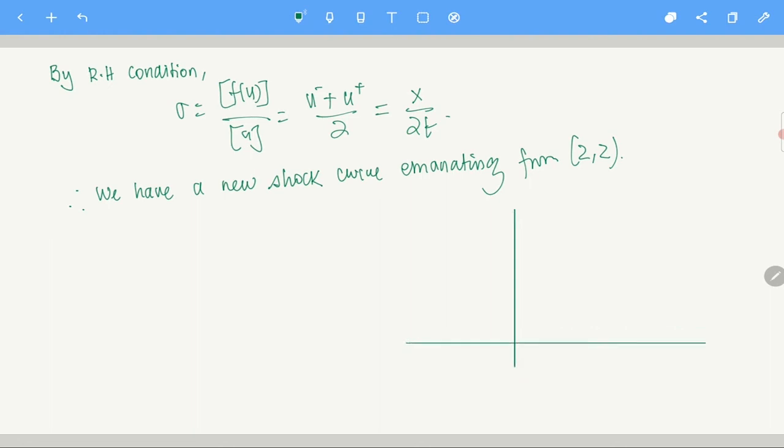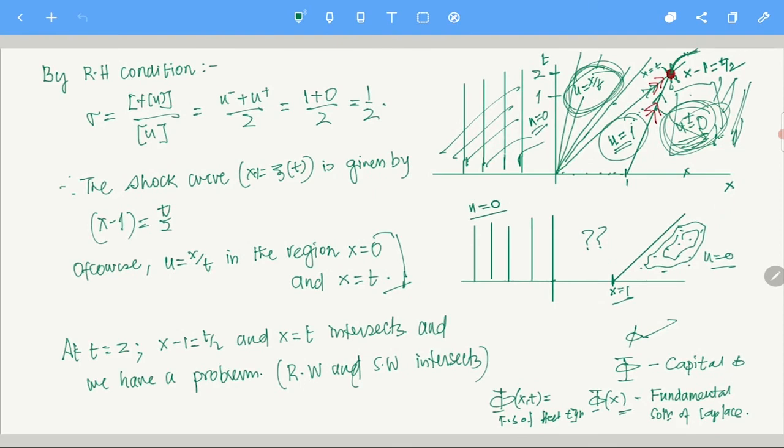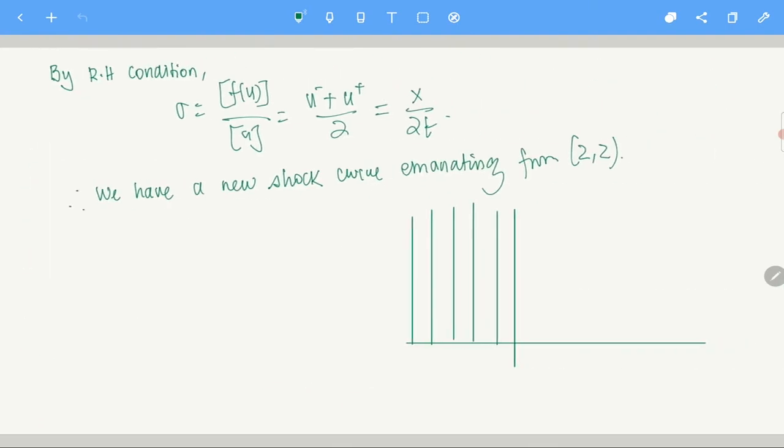Okay. So you see, in this part, of course, u is going to be 0. If you remember, u is going to be 0 in this part, okay. See, u is 0 in this part, okay. And so let's say this is 2, this is 2, 2, okay, and x equals 2 here, x equals 1 here, okay.